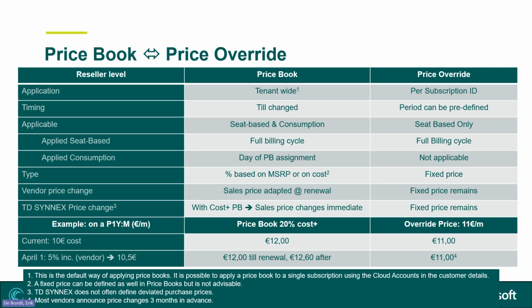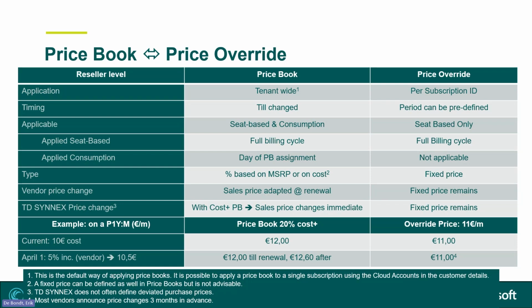And I made an example on a PYM, so yearly with a monthly payment: price book 20% on cost and price override in euros, 11 euros a month. So you will see that the current cost is 10 euros. The price book at 20% is 12 euros sales out. You put a fixed price on the override, so 11 euros. Let's say on the 1st of April there's a 5% increase.